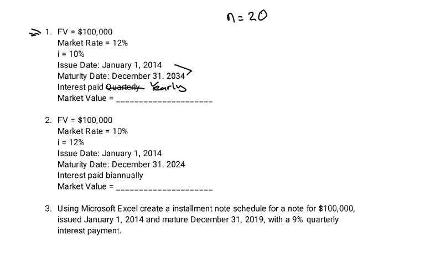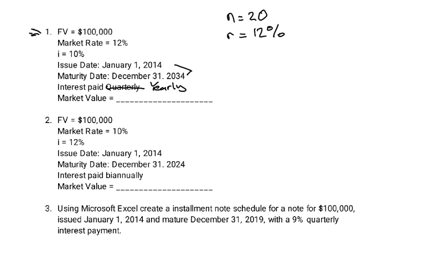So we'll go with our rate as 12%. We're going to look on the time value annuity for two things: first, the present value of the bond, and the second thing is the present value of the bond payments.